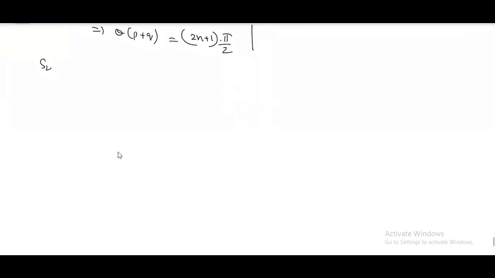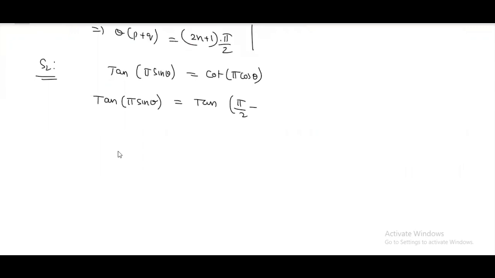What is the statement 2 we have? So tan pi sin theta is equal to cot pi cos theta. So how can we write this? Tan pi sin theta is equal to tan 90 minus pi cos theta. That is nothing but cot only.